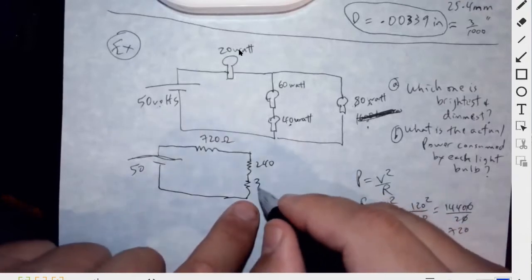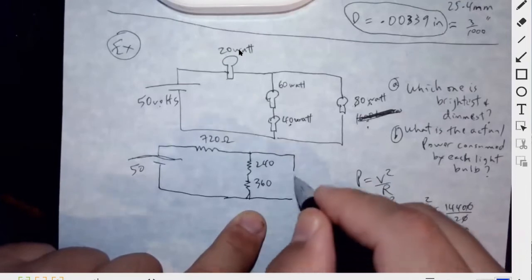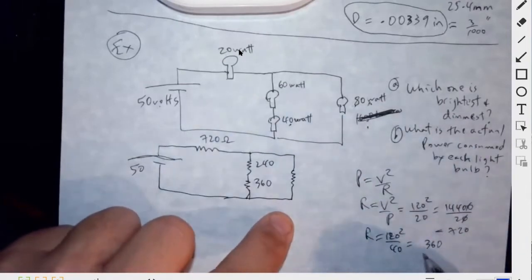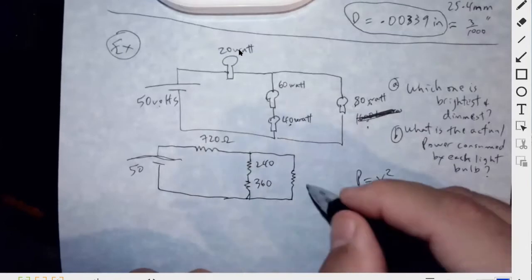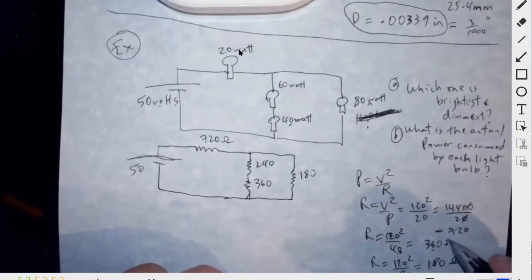So this is a 360 ohm resistor. And then the 80 is twice the power of the 40, so it's going to be half of that, so 180. So these are their resistances.